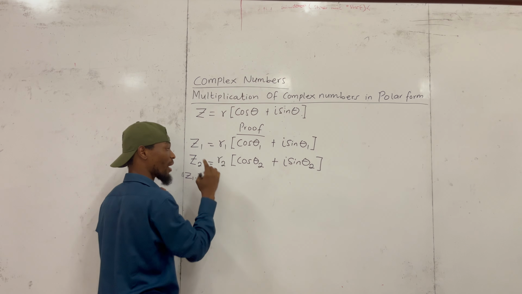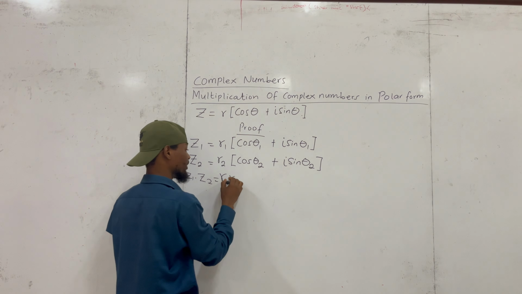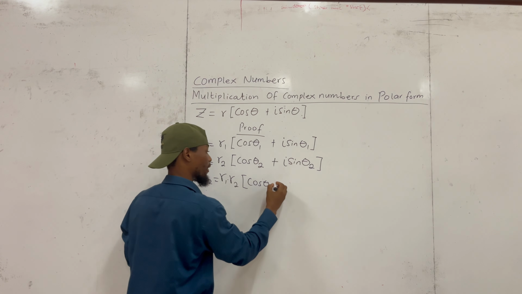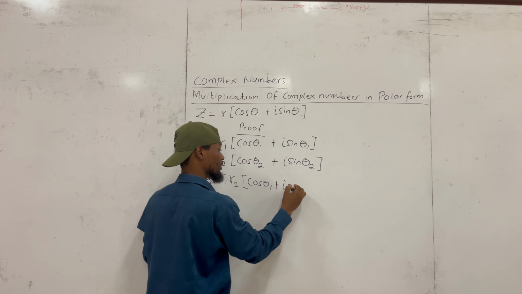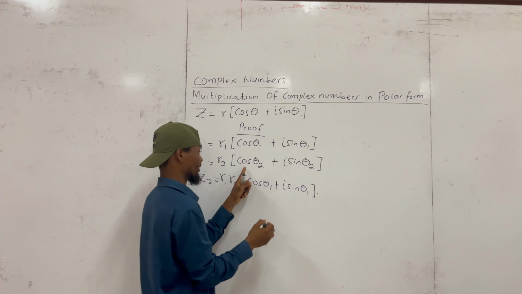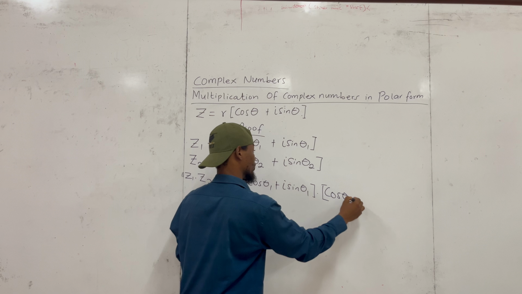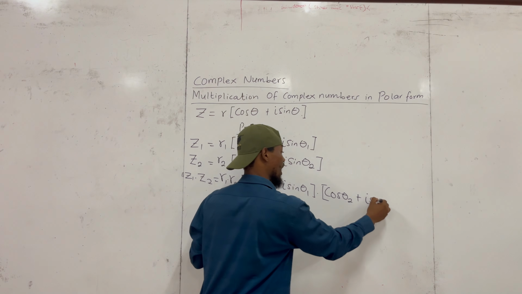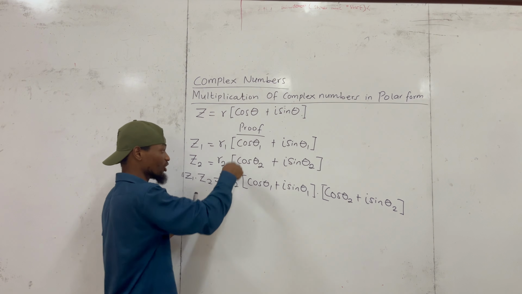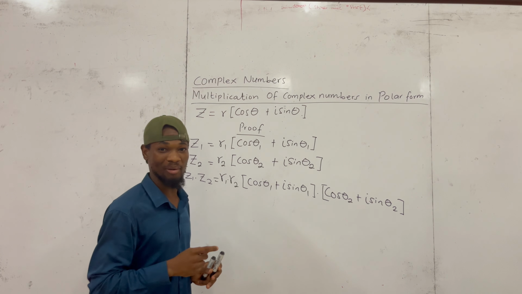That is r1 by r2 gives r1 r2, then cos theta 1 plus i sine theta 1 multiplying cos theta 2 plus i sine theta 2. You can just multiply it this way, but step by step is key in mathematics.